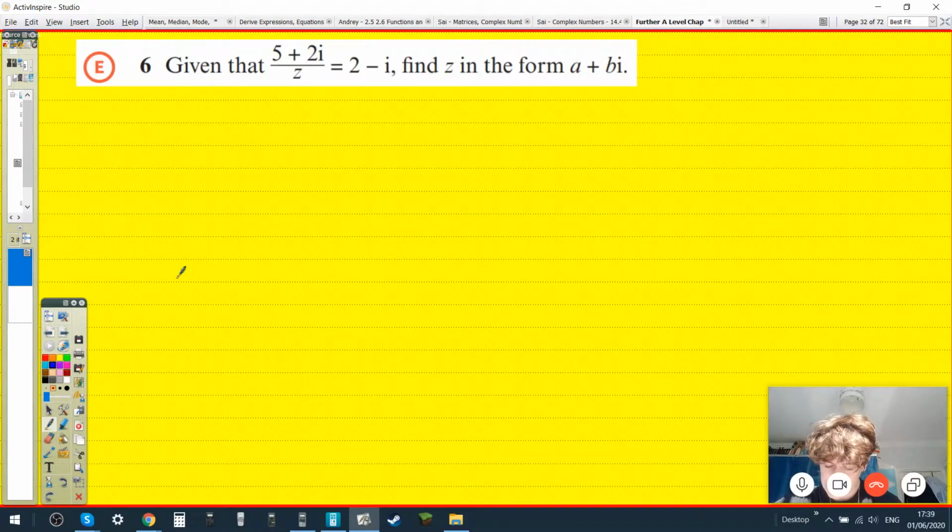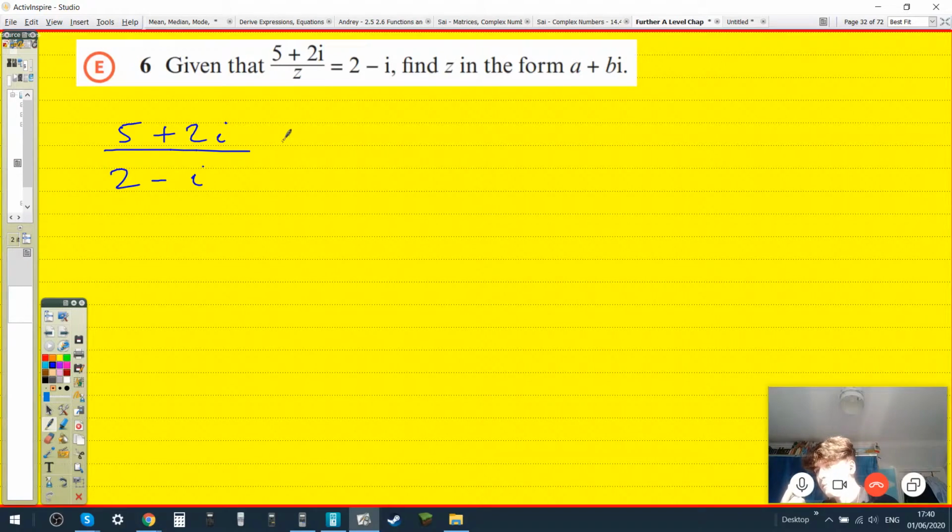Could we bring it down to 2i to make it equal to 0? I'd probably just rearrange to make z the subject. Okay. So 5 plus 2i over 2 minus i equals z. Yeah, 5 plus 2i over 2 minus i is equal to z.